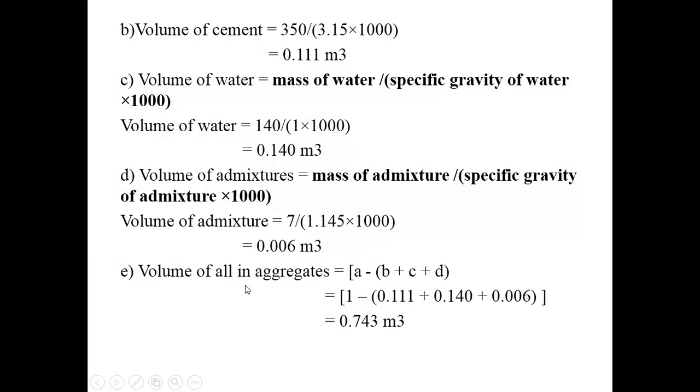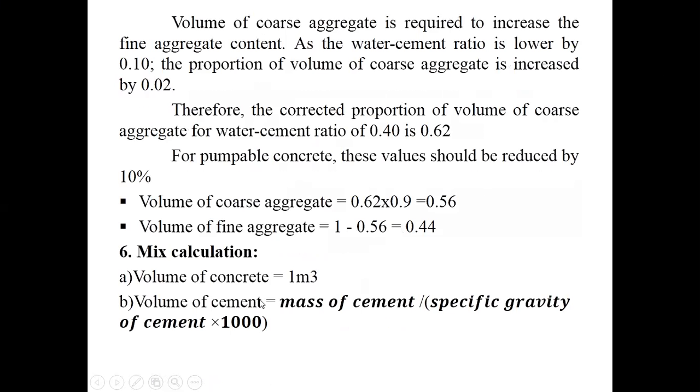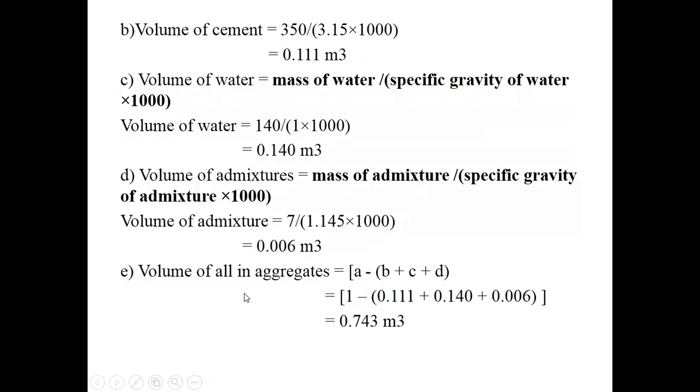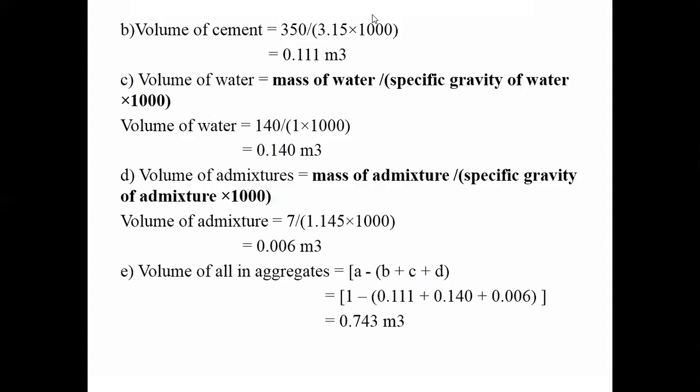Next, coming to the volume of all-in aggregate. All-in aggregate means total aggregate. See here, A means volume of concrete, that is the total concrete. B means volume of the cement. Are you clear? A is volume of concrete.